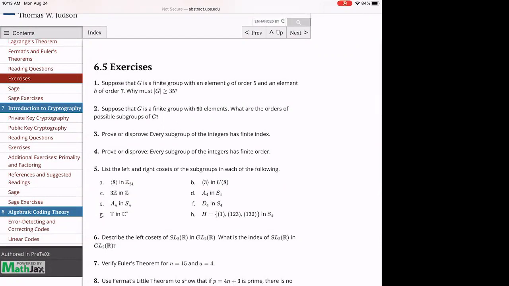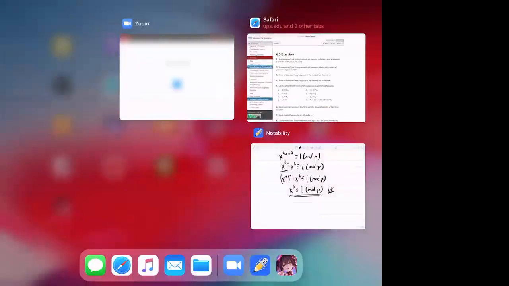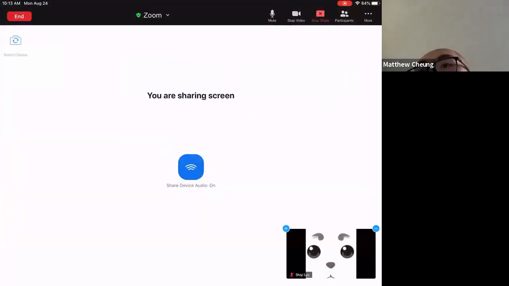So suppose G is a finite group with element g of order 5 and element h of order 7. Why must the order of G be bigger than or equal to 35? This should be immediate.